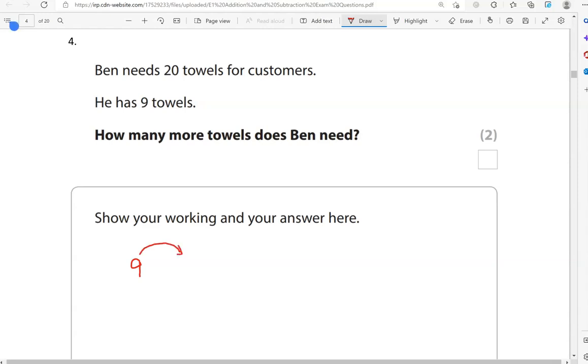If I add 1 to 9, I'll have 10. Then to get to 20, I'll just add 10, because 10 and 10 makes 20. So in total, to get from 9 to 20, I've added 11. 10 and 1, that is 11.